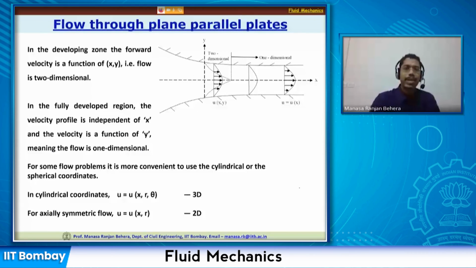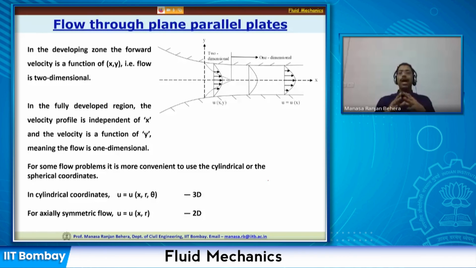So similarly, there is another example. In this case, if you look, there is a flow through a converging section, and then there is a static section. So initially when the flow is entering the converging section, the velocities are going to change in the x and y directions if this is a flat plane.